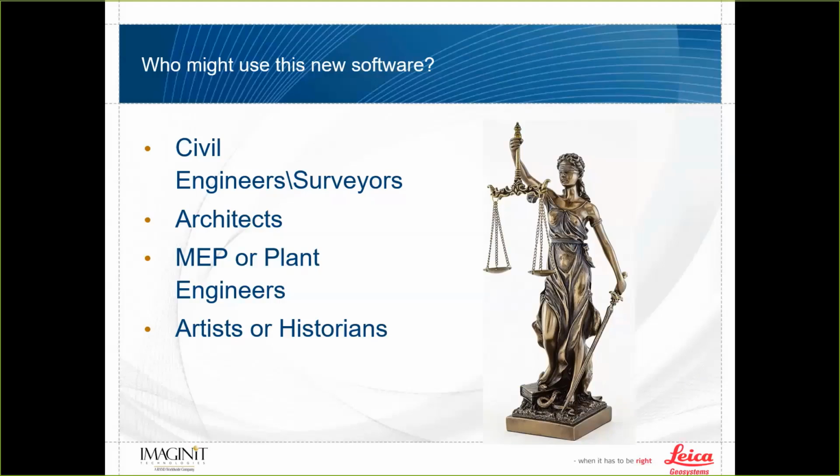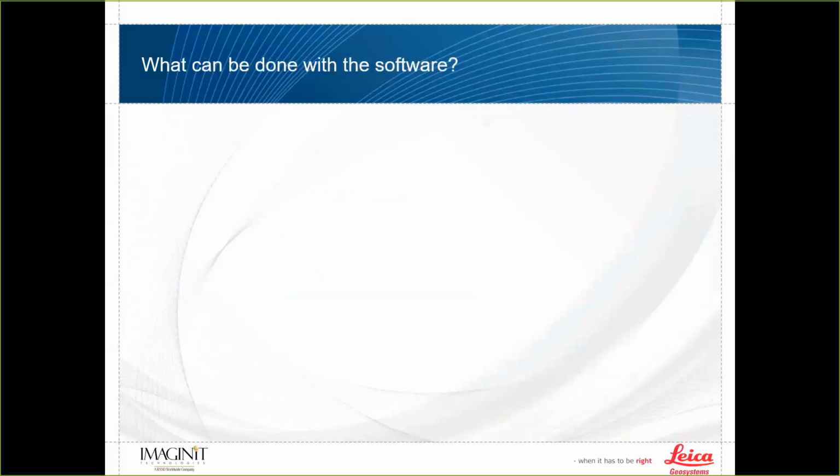So with all of that said, what can be done with the software, right? Well, I'm going to start with talking a little bit about some of the AEC industry and buildings. One of the common things that I run into with folks using 3D laser scanners, they might run out to a site, and on that site they scan, and then maybe a little while later they go out and they scan another piece, and the scans are all rotated and not put together well.